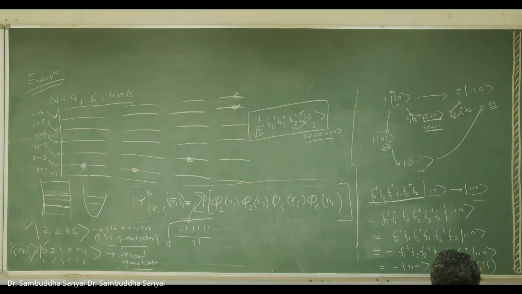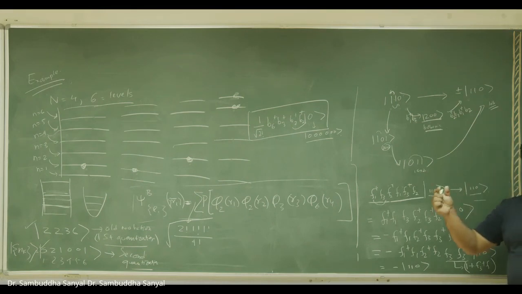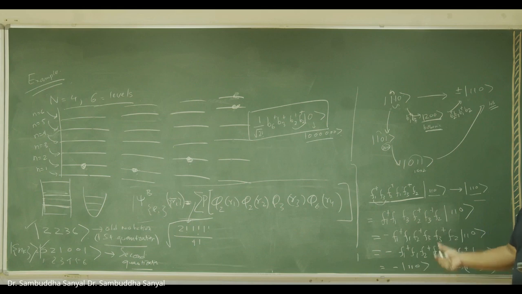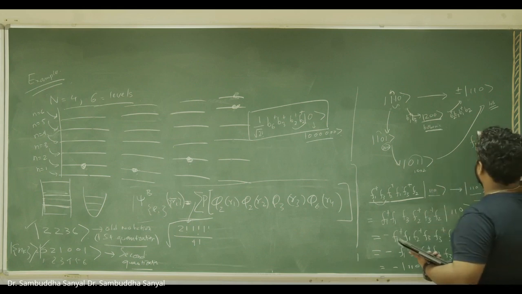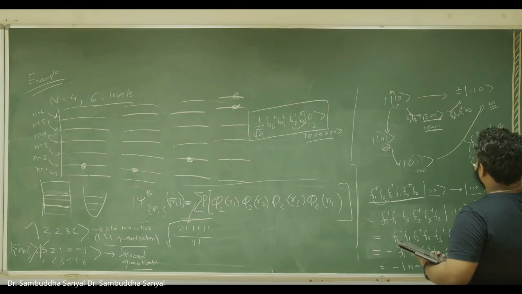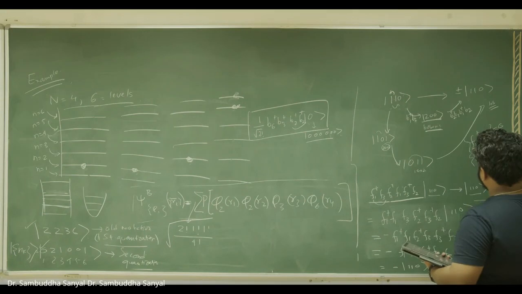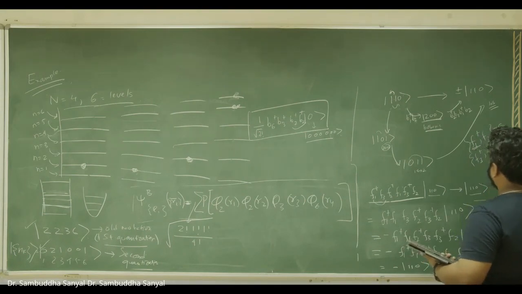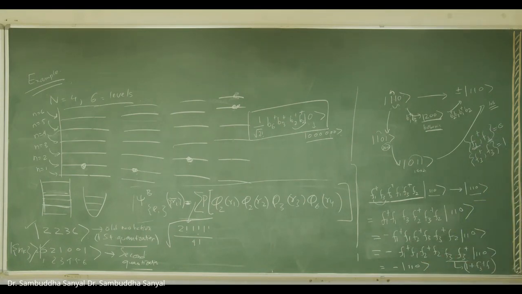You cannot randomly do that because it's the same object. Notice that F1 dagger F2 is this, but F3 dagger F3, because they are the same, when the indices are the same, then it is 1, right? So these will give you the 1 and this will give you 0. Understood?